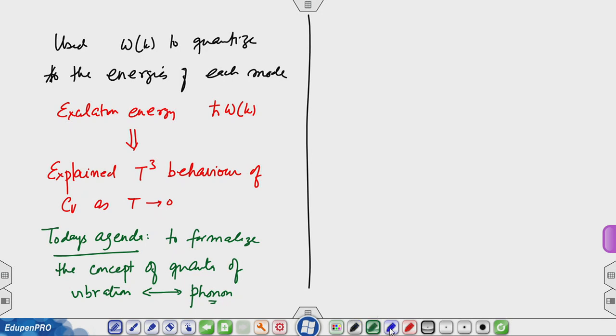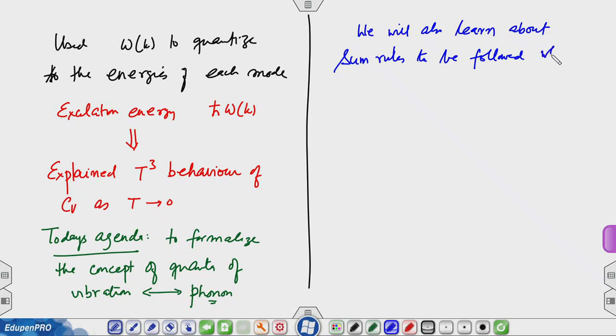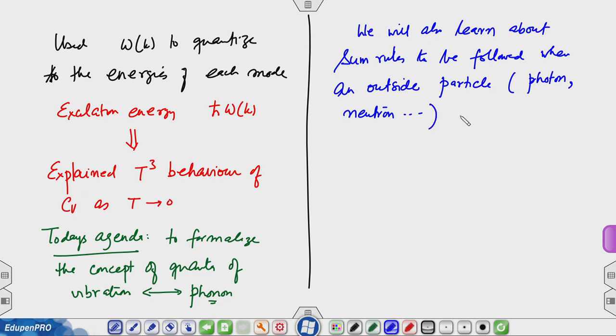So, with this we will also learn about some rules to be followed when an outside particle, it could be a photon, it could be a neutron, and we will focus on these two, interacts with a crystal.